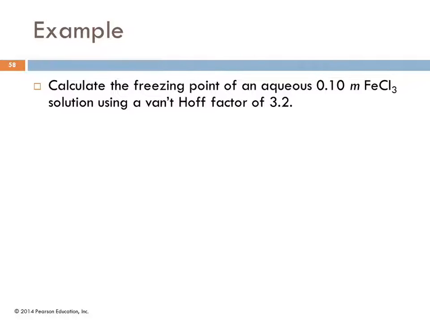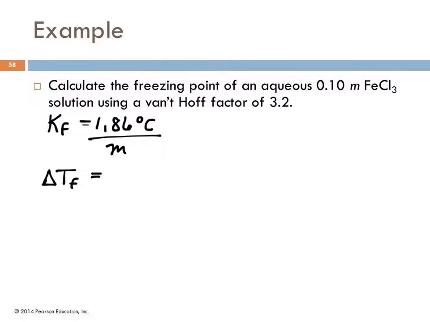Calculate the freezing point of an aqueous 0.10 molal iron chloride solution using a van't Hoff factor of 3.2. Well, we need the freezing point depression constant for water, which I think was 1.86 degrees Celsius per molal. And so this is a strong electrolyte solution, so it's going to be i m times Kf.